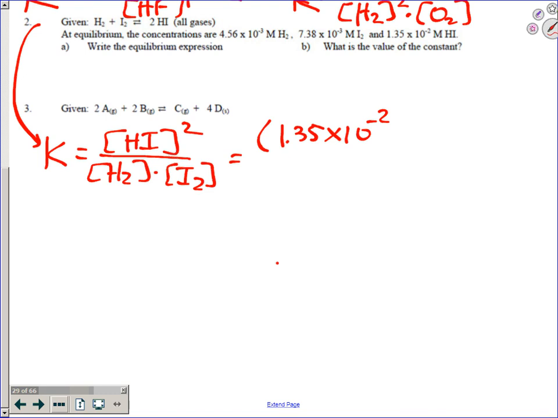And 4.56 times 10 to the negative 3 for hydrogen gas. Those exponents are a little small.